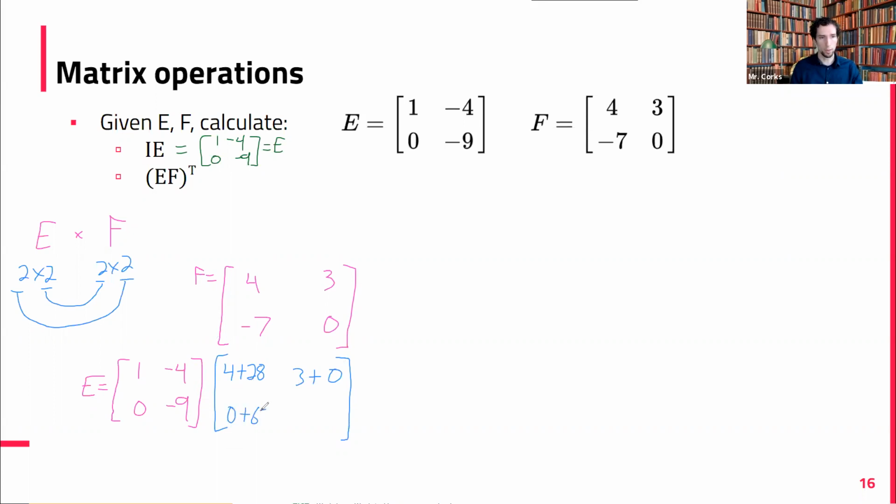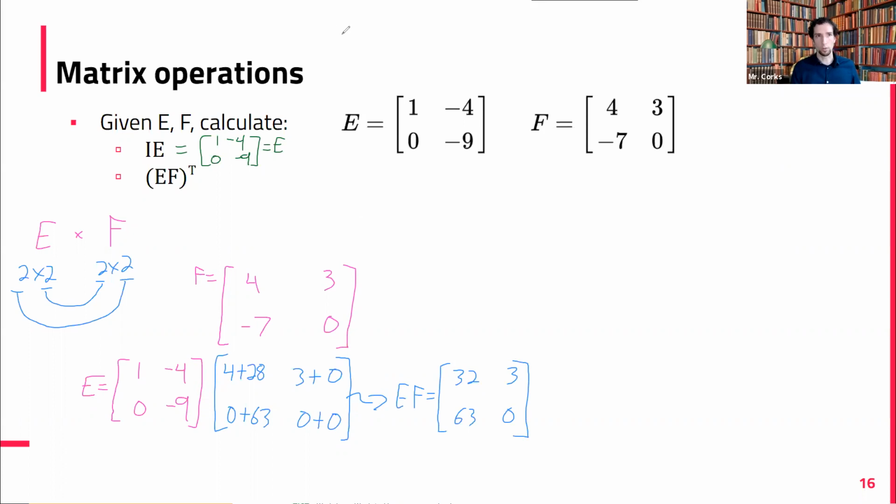And 0 plus 0. Okay, so there is our result. We'll just do the actual adding here. So EF therefore is 4 plus 28, 32, 3, 63, 0. Okay, so we have E times F.